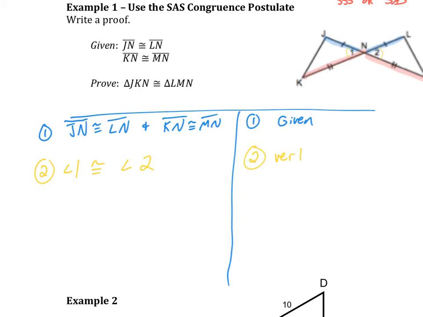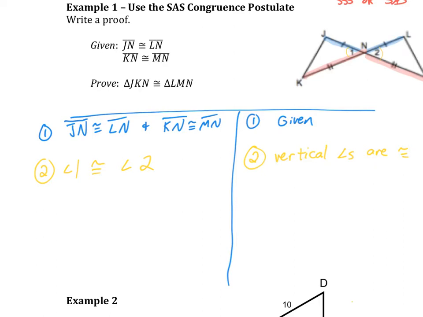Vertical. So those are vertical angles. So vertical angles are congruent. That's what we know from earlier this year. So we can say angle 1 is congruent to angle 2 because of vertical angles. It has nothing to do with the side lengths. We just know that those are congruent because they're vertical.